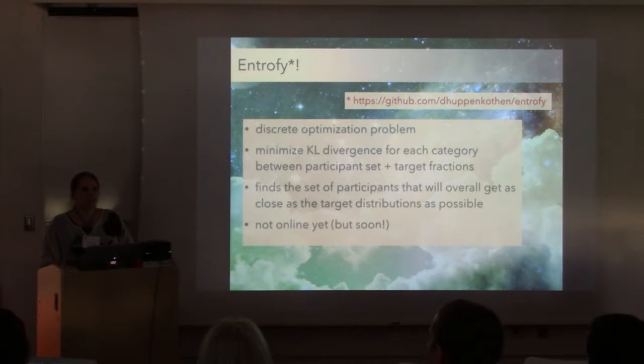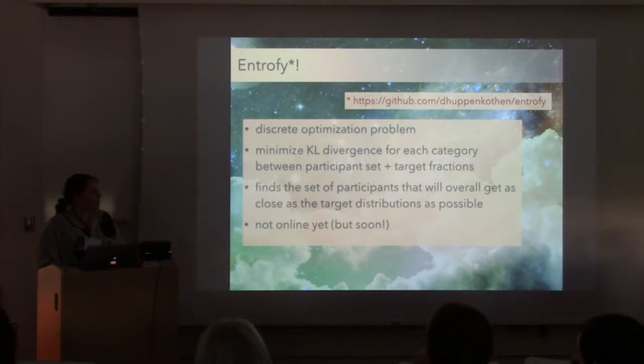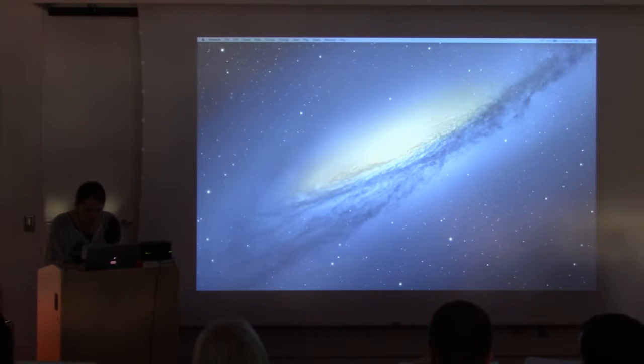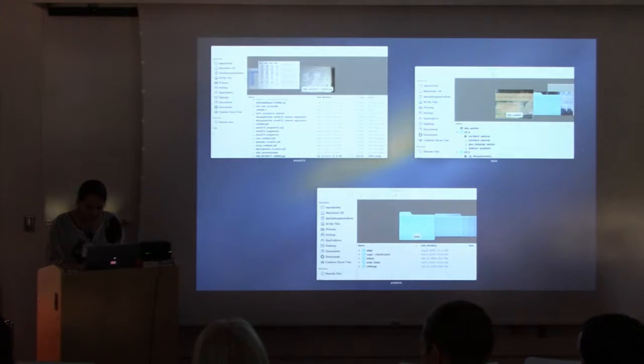For example, your target distributions could be you want 30% grad students and 30% postdocs and maybe 20% faculty, and then undergraduates and others, and however that comes up to 100%. But not only that, maybe at the same time you also want to optimize over other categories and globally find a maximum. You can find that here, and I was just going to show you really quickly if I can find where I put it.